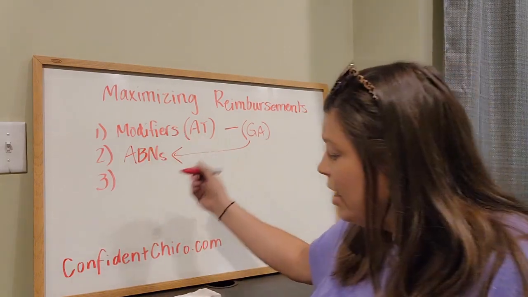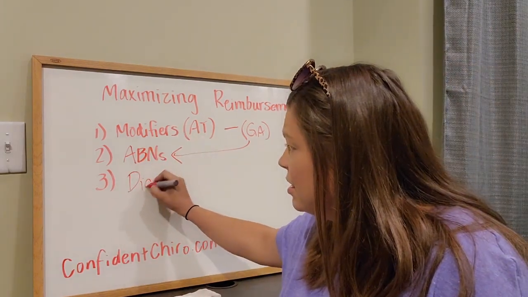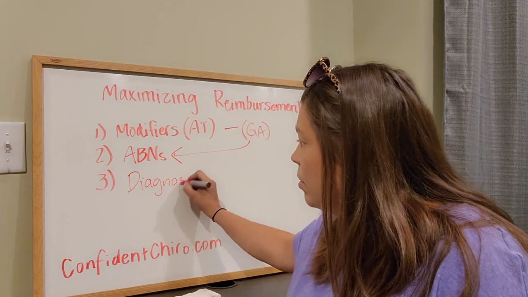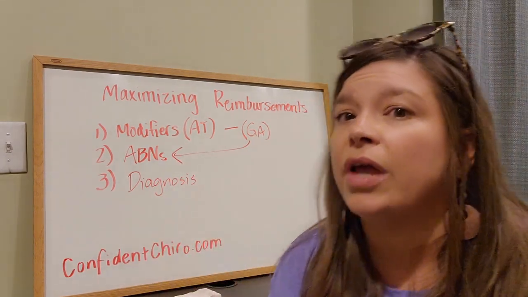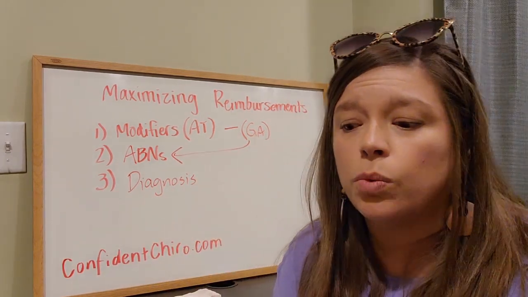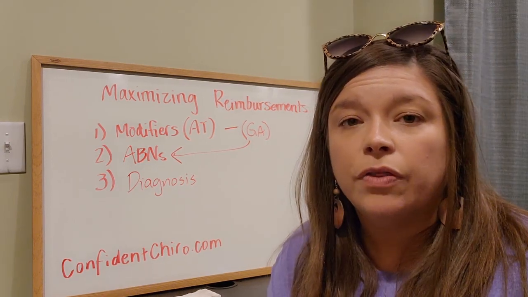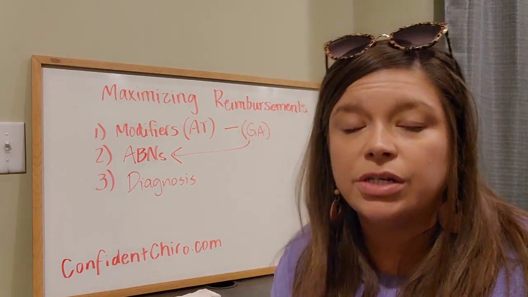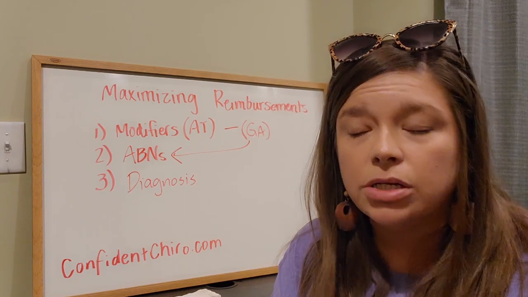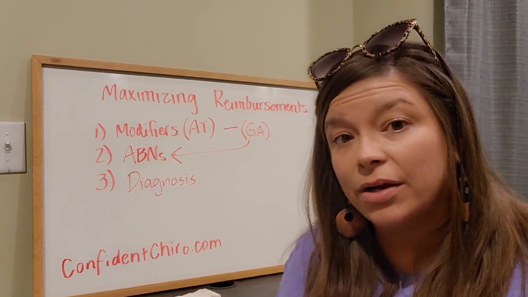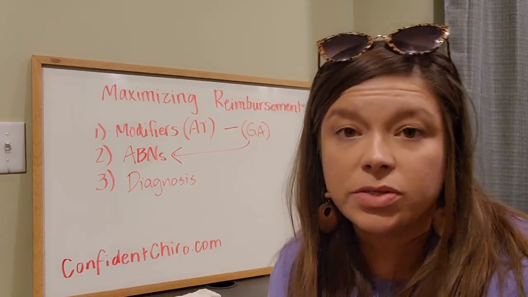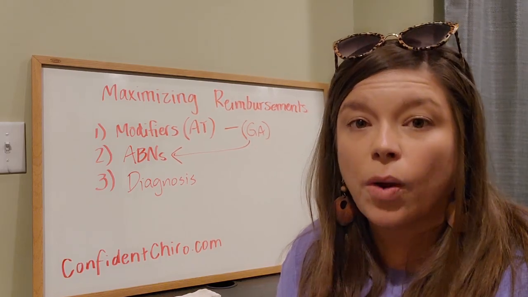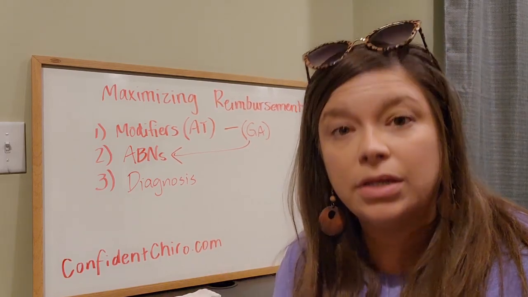Now, the third is diagnosis. I see this so much. I've talked to doctors who were taught in school to put their soft tissue or visceral condition first and then subluxation. But for Medicare, if you look it up in the Medicare benefit policy manual, they require that it's a neuromusculoskeletal condition.